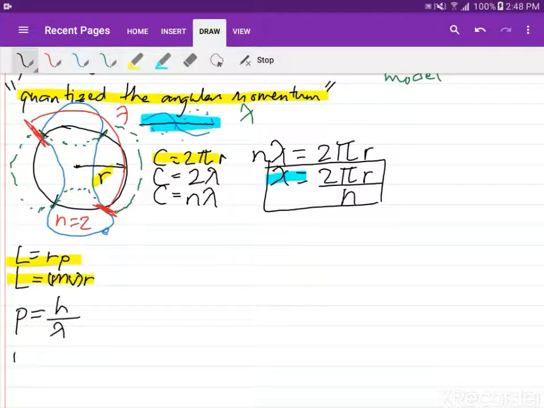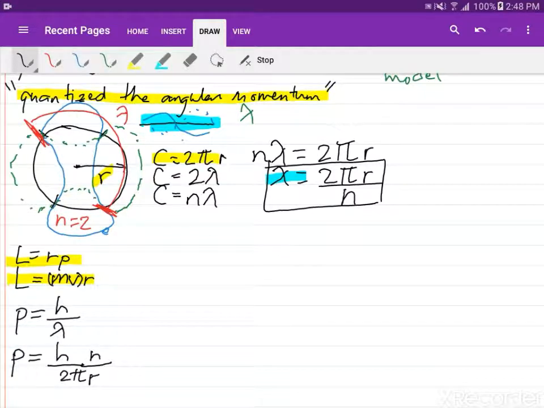So our momentum now in this case will be h over lambda, so 1 over lambda will become n over 2 pi r. So this should be p equals h times n over 2 pi r.